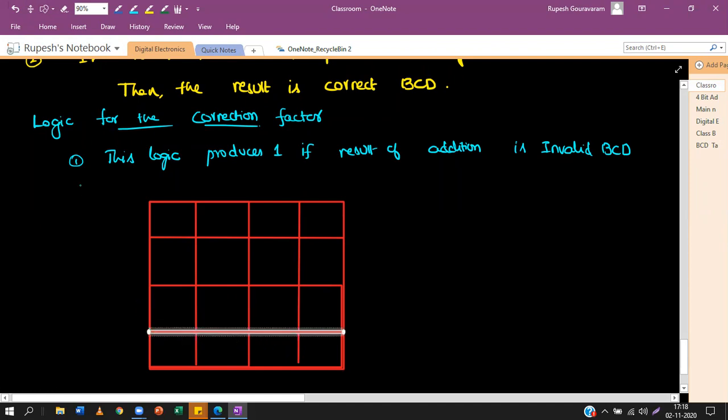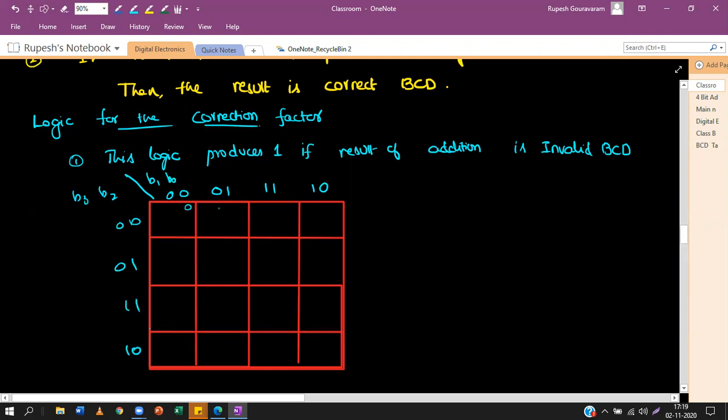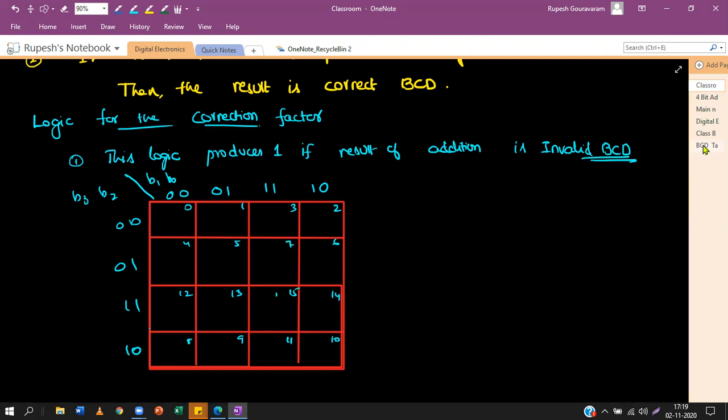This K-map has 4 inputs: B3, B2, B1, B0, with the labels 00, 01, 11, 10. The cells run from 0 to 15.